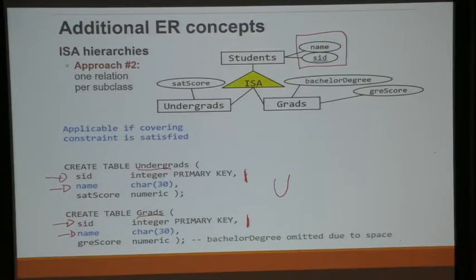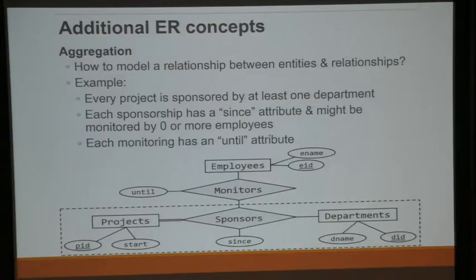And the last additional concept here is aggregation. Aggregation is unique in a sense that most of our relationships involve two entity sets, right? Because if you think about it in terms of OOP, you have two objects, and then you have a function that works on those two.